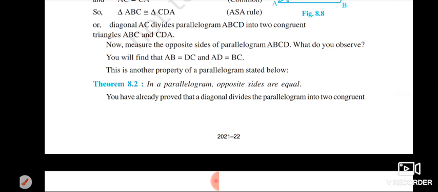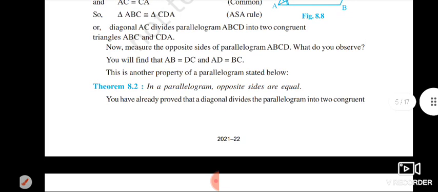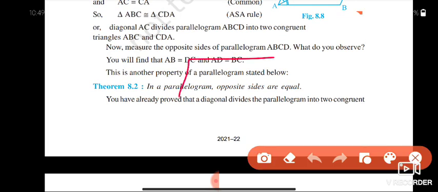Then after, theorem number 8.2: in a parallelogram opposite sides are equal. If we are having a parallelogram, in a parallelogram opposite sides are equal. If I am making a parallelogram over here, A, B, C, D, a pair of opposite sides are parallel, but along with parallel they are equal.